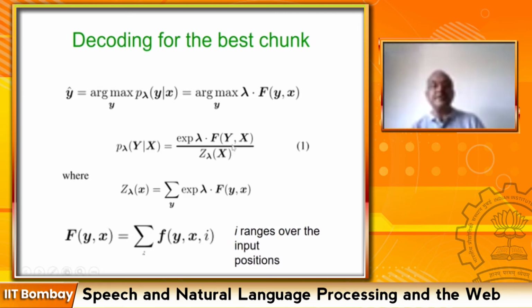Now CRF, conditional random field, is a sequence labeling algorithm for NLP. Originally it was used heavily for computer vision and was very successful. Then it was adapted to natural language processing. By the way, the same story applies to deep learning also. Deep learning was found to be very successful in image processing, computer vision, speech recognition, anything to do with signals.